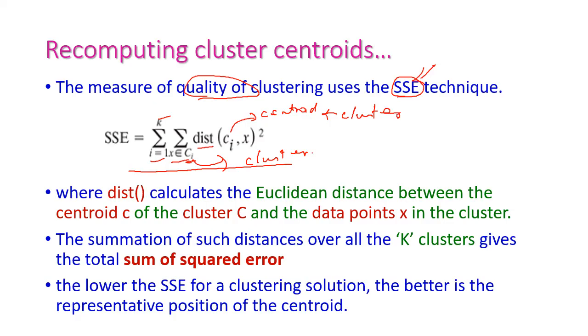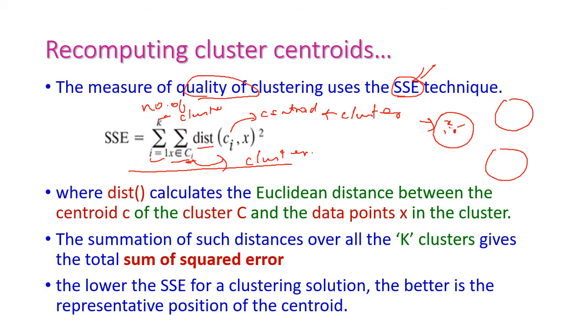So k is the number of clusters. Suppose you have 3 clusters, first it will take this particular cluster, ci equal to 1, and with this centroid it will compute over the x values. For example, if we have 5 points, then 5 x values will be there. For all of these we need to compute the distance to the centroid.